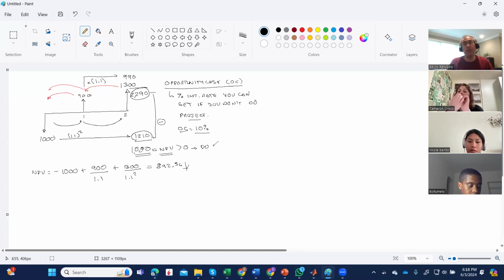Can someone confirm this value? Yeah. Perfect. Okay, this one here is, as mentioned to you, the net present value. If the net present value is larger than 0, basically do the project. Okay, so this is what we are going to be doing in MATLAB, the net present values.